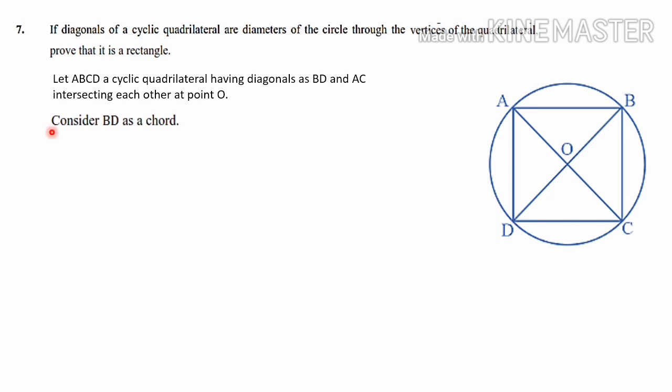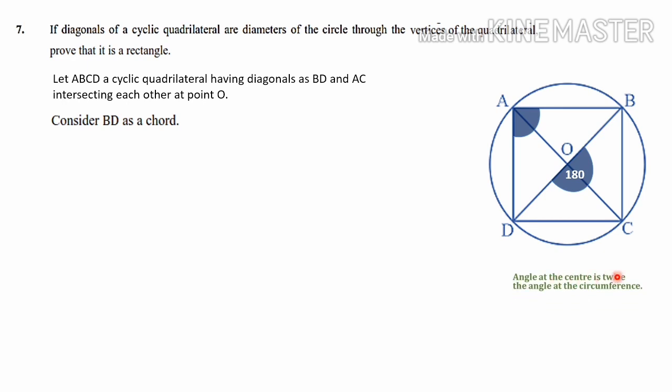Now consider BD as a chord. This chord BD is making one angle at the circumference, and another angle at the center. BAD is the angle at the circumference and BOD is the angle at the center. And we know that angle BOD is 180 degrees because it is a straight angle. And we have learned the relation between angle at the center and angle at the circumference.